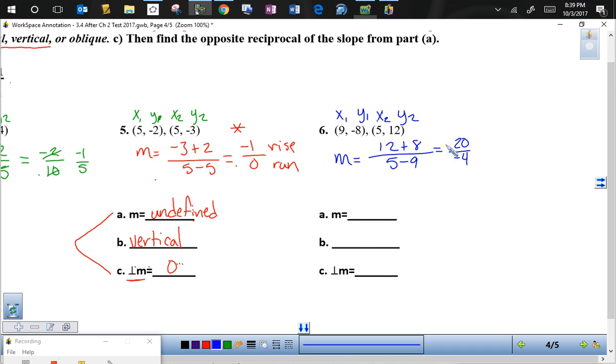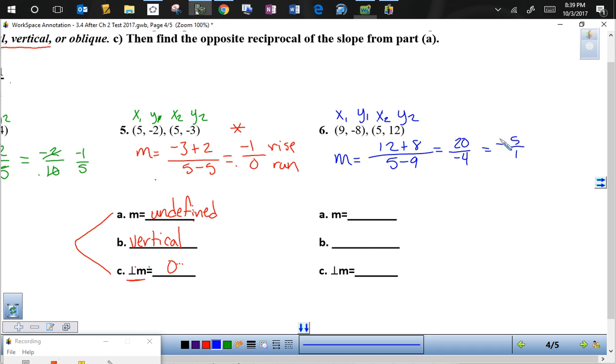All right, I want you to go ahead and reduce that, so pause the video while you do that if you need time. Hopefully you got that a 4 goes into each of those. So that reduces to a negative 5 over 1. Notice I put that negative up top. Remember, negatives can float. It doesn't matter where you put that negative.